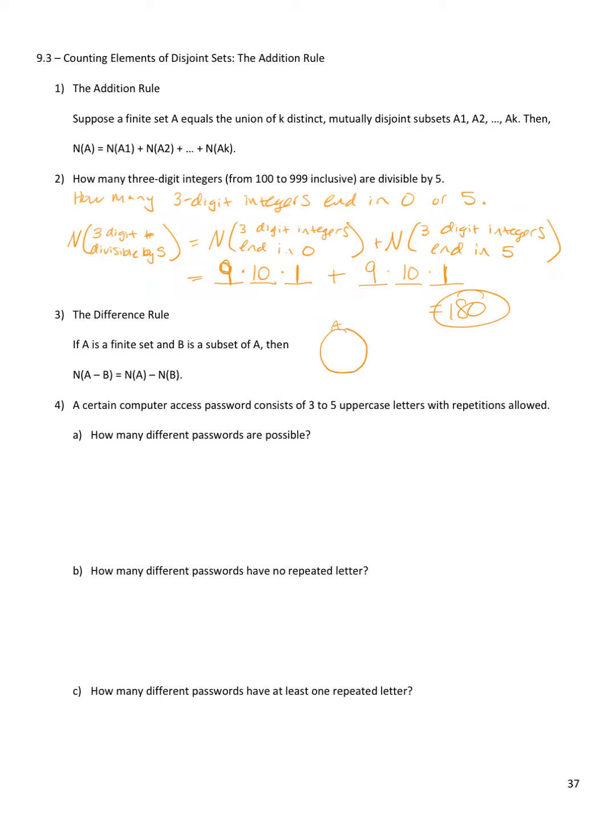Here's A, here's B. So A minus B is everything in A, but minus the things that are also in B. And the way you calculate the number of elements in there is to just take the number of elements in A and subtract the number of elements in B.